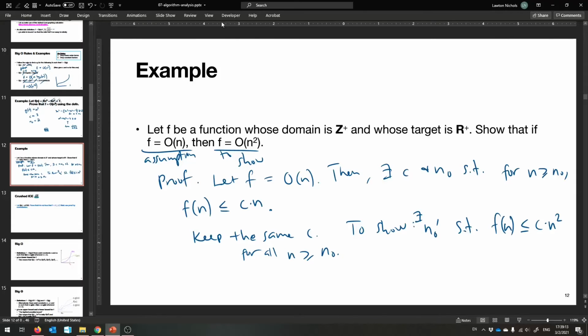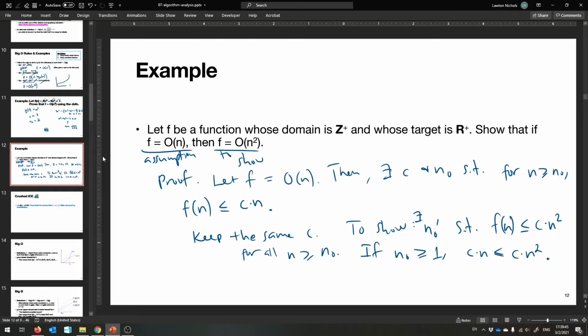Well, look what we have. Notice that n naught should be greater than or equal to 1, and notice that cn is less than or equal to c times n squared.